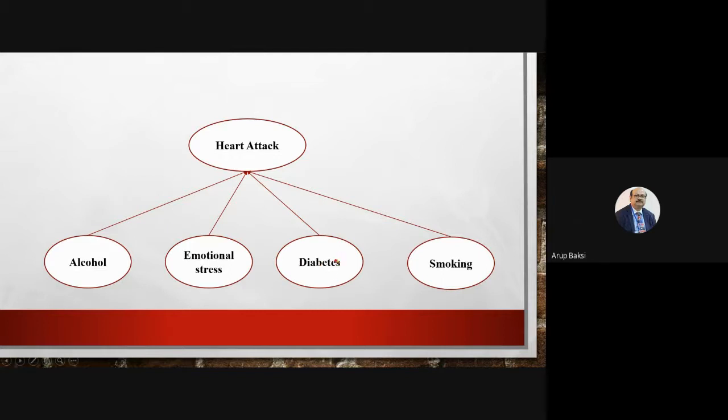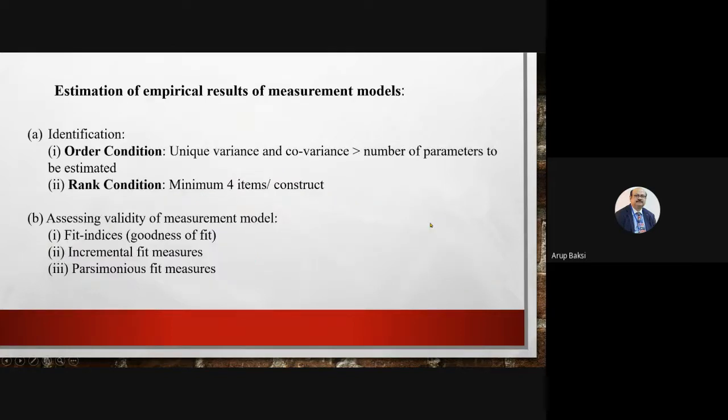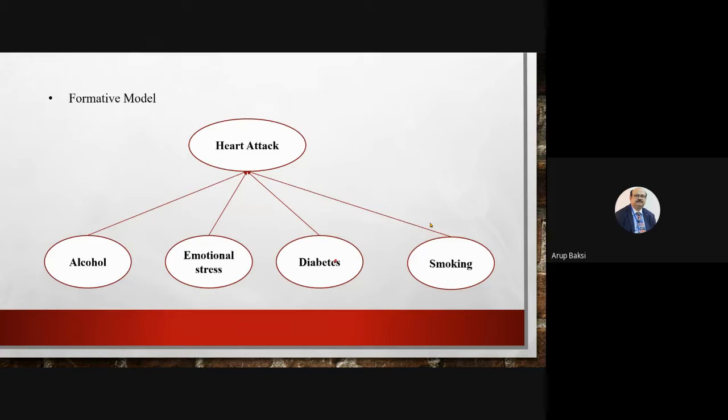A particular diabetic person may not have the habit of consuming alcohol. So diabetes is not alcohol dependent, or alcoholism is not mandatory to induce a condition of diabetes. So in a formative model, the latent construct or the latent factor is a dependent one, and the observed variables are independent in nature. So this is the nature of the formative model.